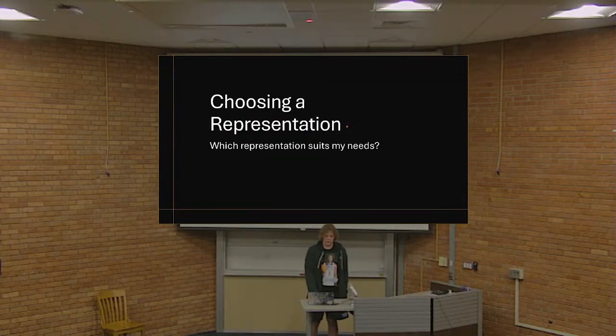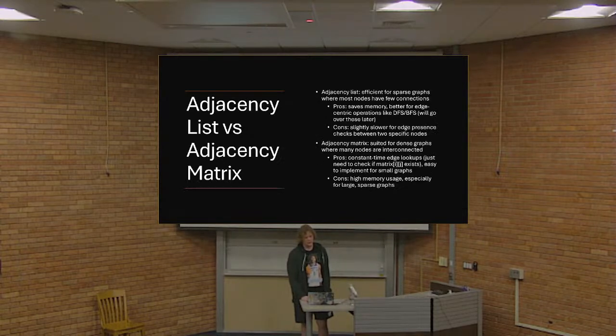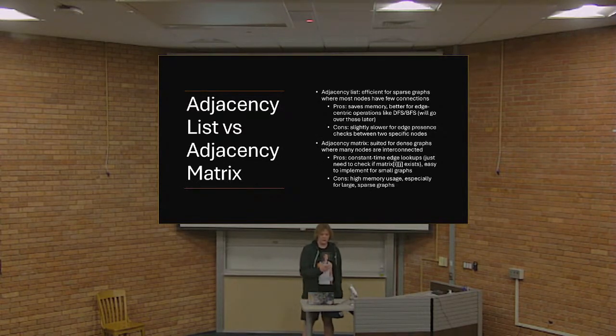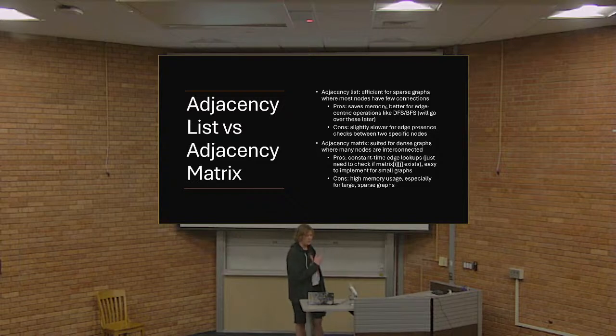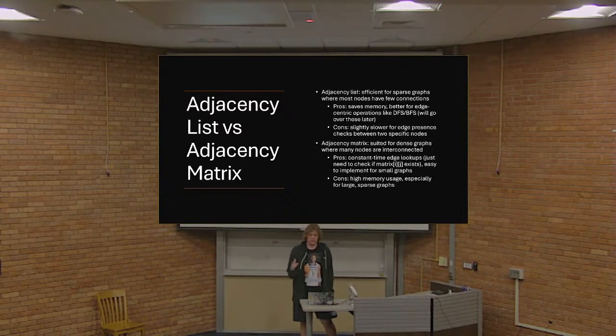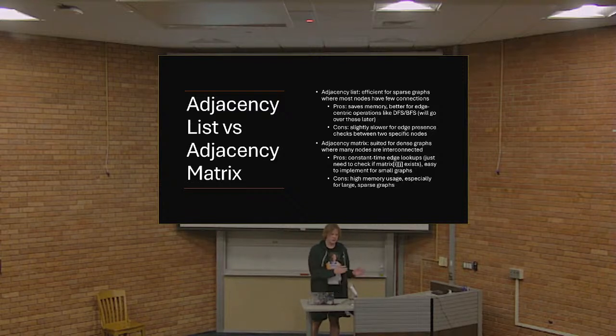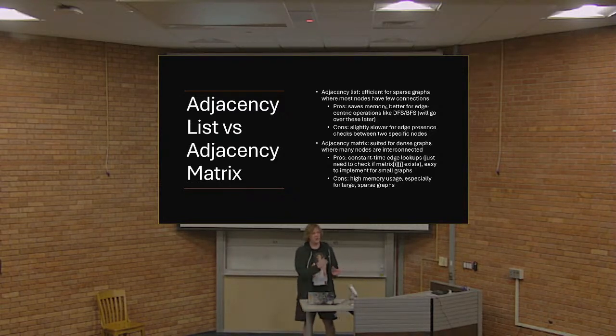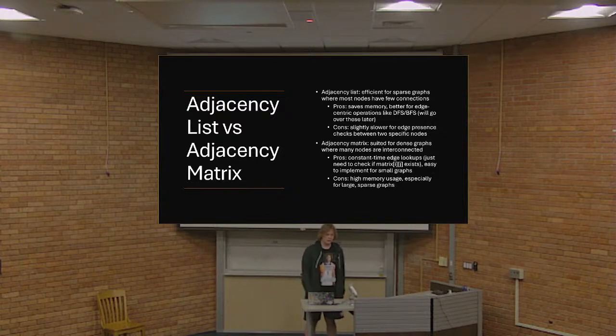So choosing the representation, how do I know which one I should do, right? Like I talked about a little bit, an adjacency list is going to be better for sparse graphs with not a whole lot of edges because it will save memory. It's going to be better for certain algorithms where you need to iterate over all of the connections of a single node.